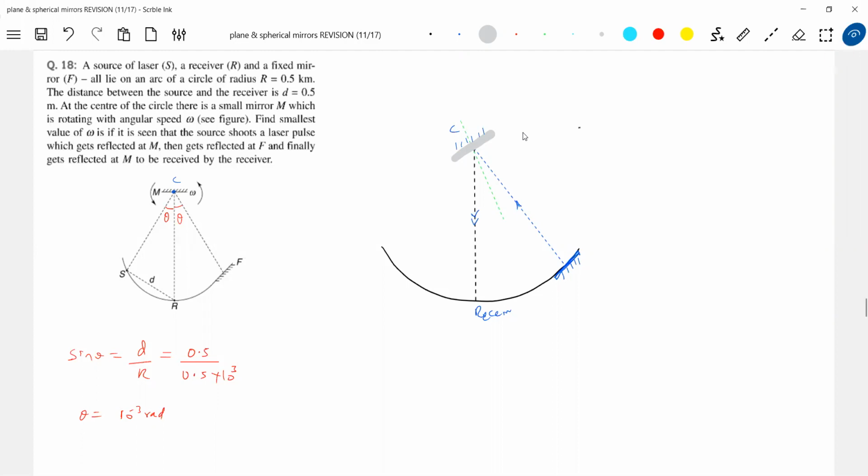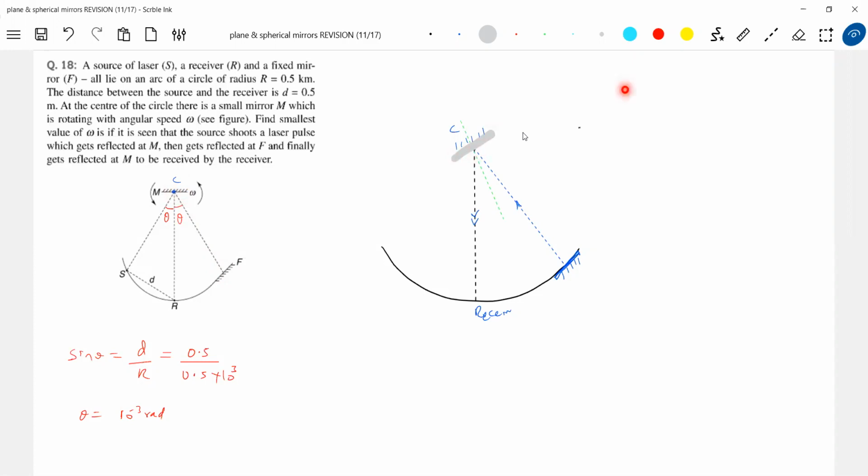What is the time? Are all of you able to understand? By the time the ray goes from C to F, F to C, the mirror should take this position. Getting the idea? By the time the ray goes from C to F, F to C, the mirror should take this particular position.